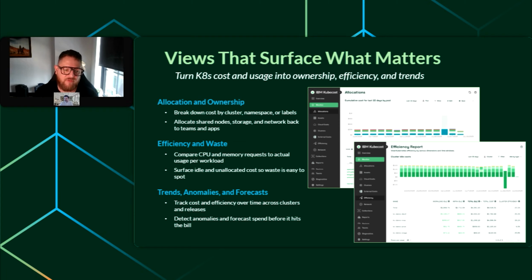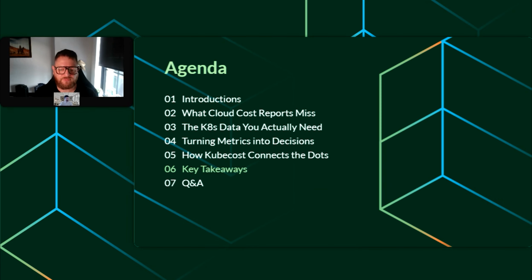So really helpful, a great interface there for that as well. And trends and anomalies track cost efficiency over time, flag those anomalies, and forecast spend, all in a UI that's extremely modern, and very easy to present and consume at all levels of the business. Now, back to you, Joe.